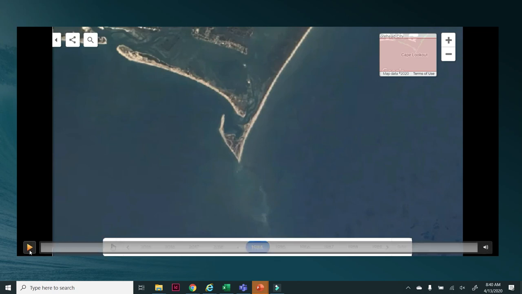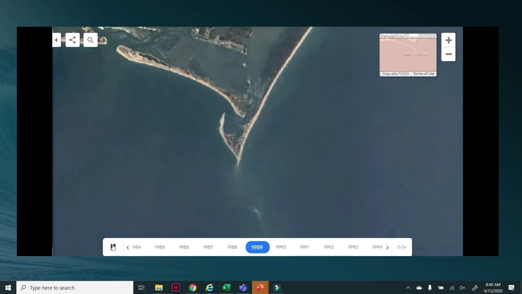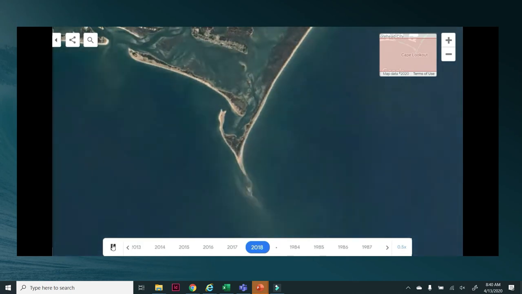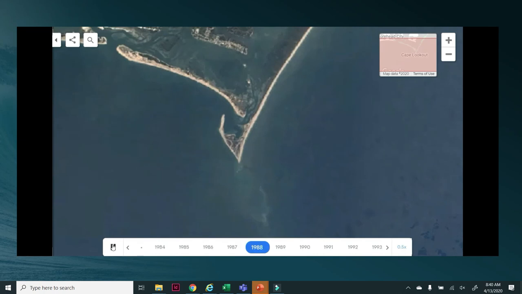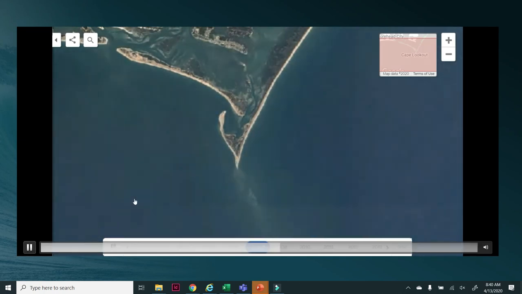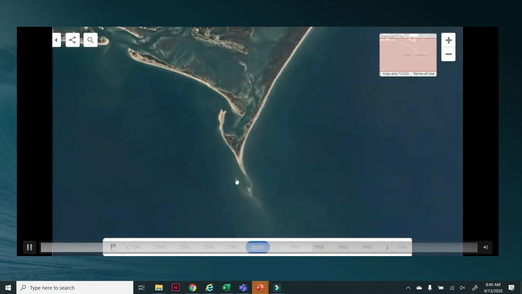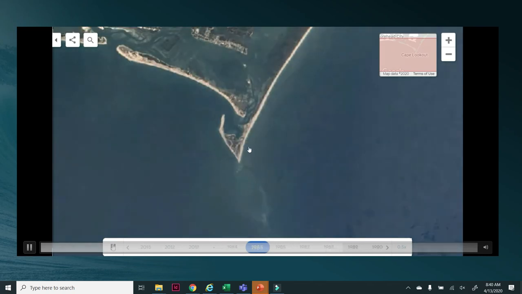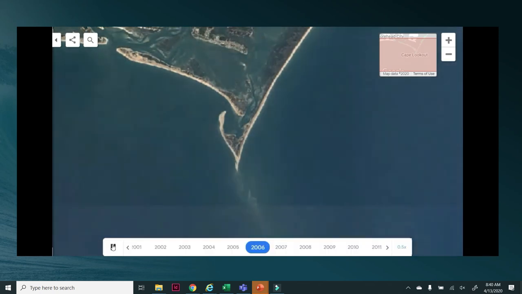Here we go. So this runs from 1984 until 2018, and you can see that we have growth in this spit right here. So that's an example of how longshore drift is causing a spit to grow.